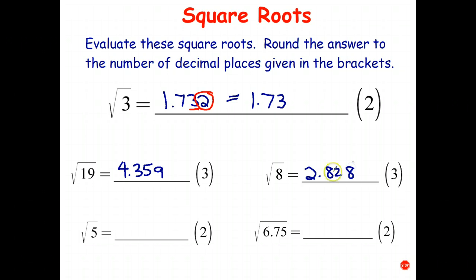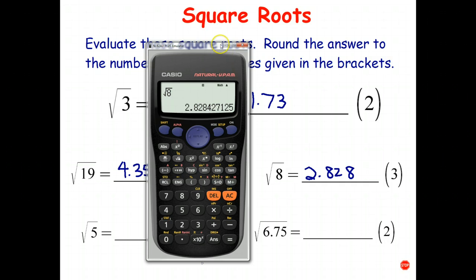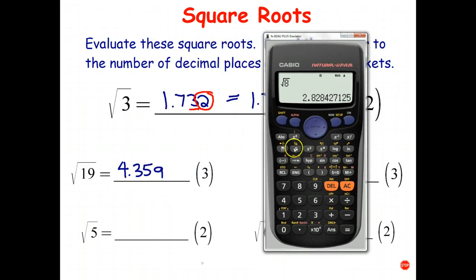Okay, looking at the square root of 5. Now we're going to round to 2 decimal places. So it's 2.23. Now the next decimal place is a 6, so the 3 rounds up to a 4, giving me 2.24.